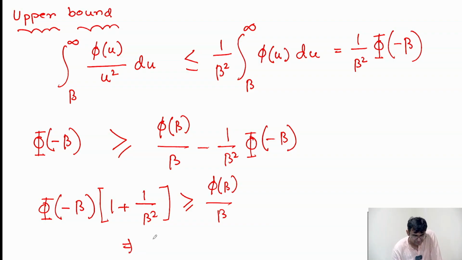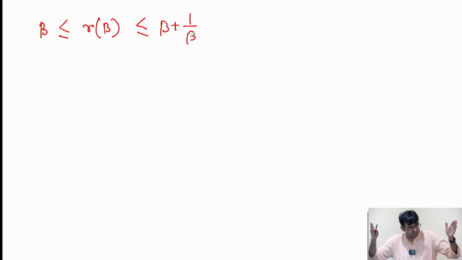So R beta is less than or equal to beta plus 1 by beta, right? So combining the two, I got beta less than or equal to R beta less than or equal to beta plus 1 by beta. So this is the bound in which R beta resides, correct?